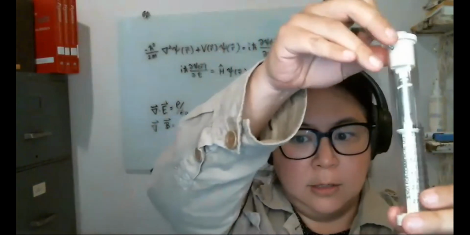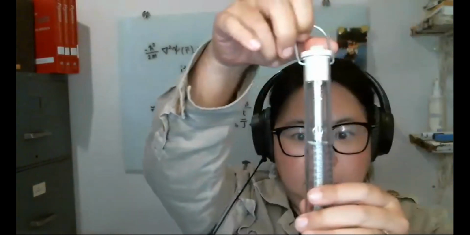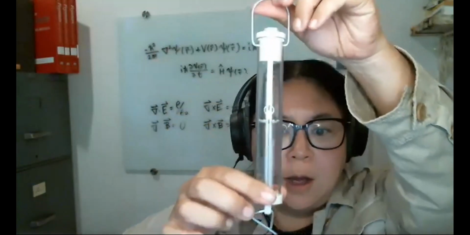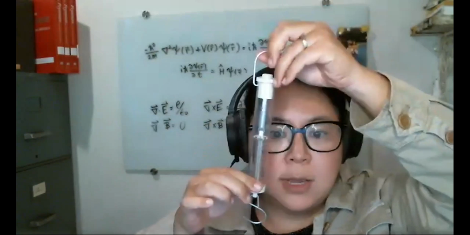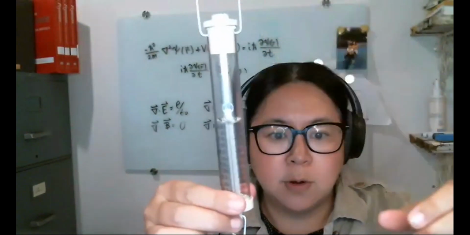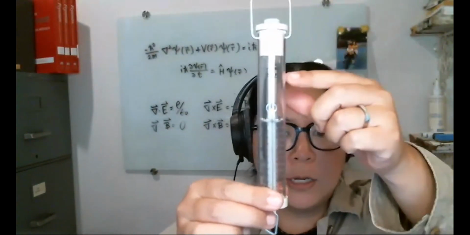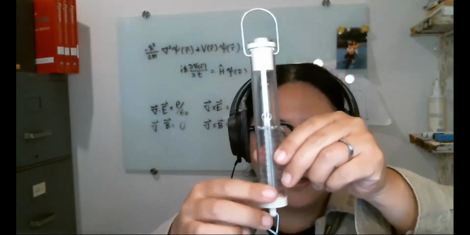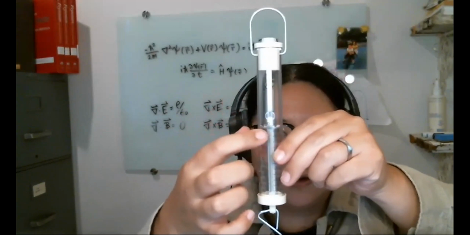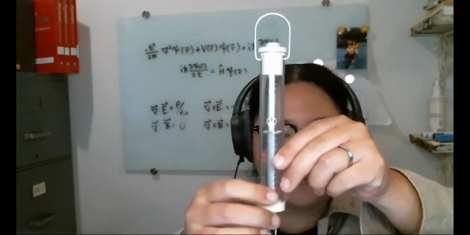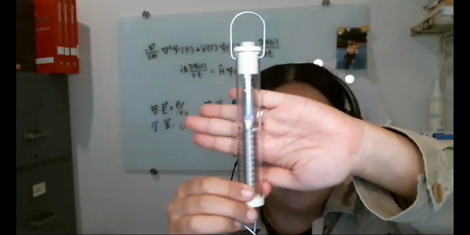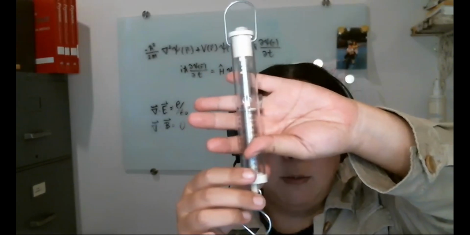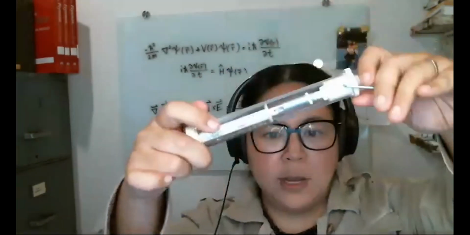Here, this is a spring scale. You can go to the grocery store and see something similar, right? I hope you see the unit here. This side is Newton, the other side is gram. If I put my hand here, you see better, right? There is a spring inside here.